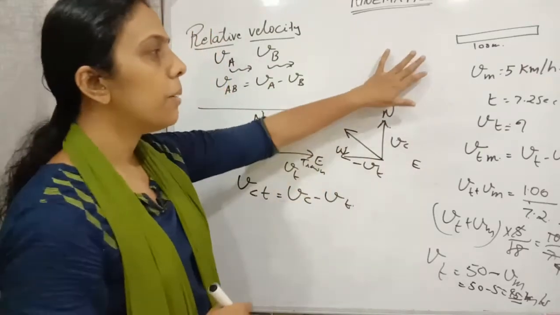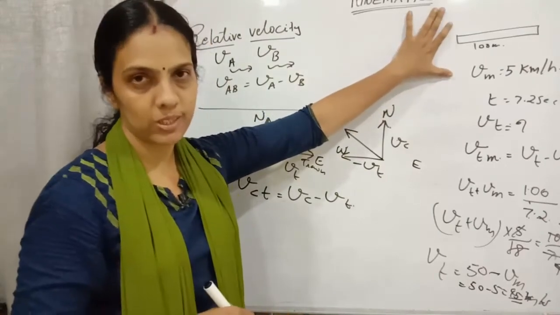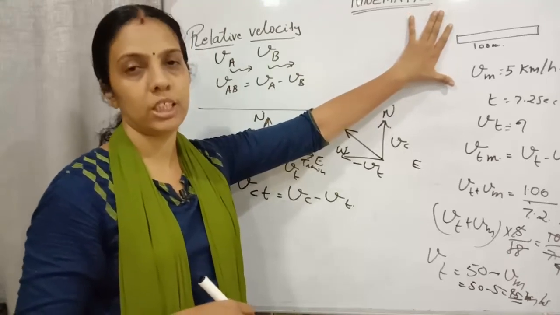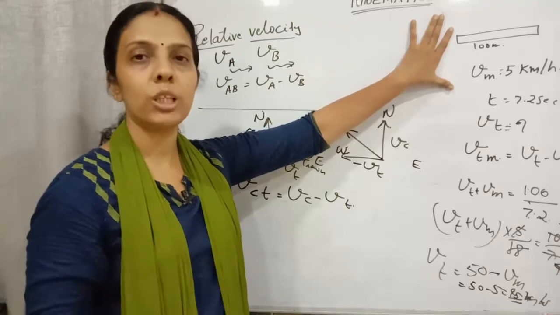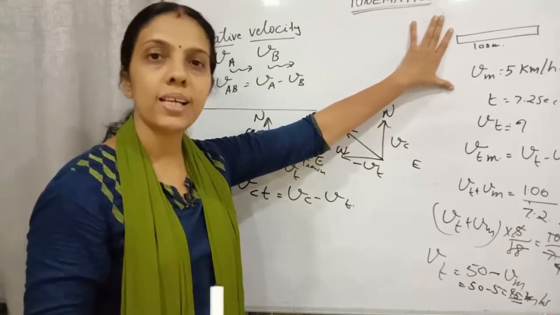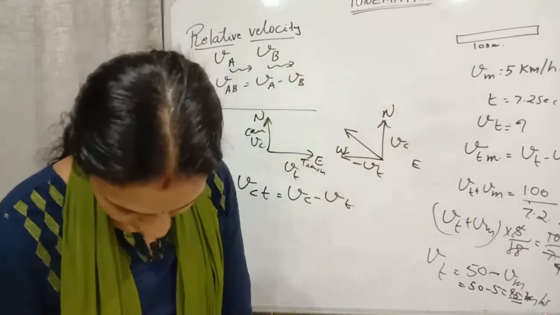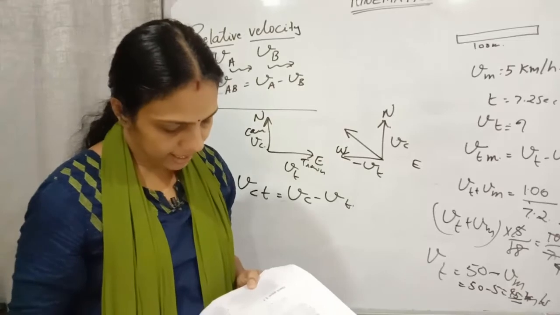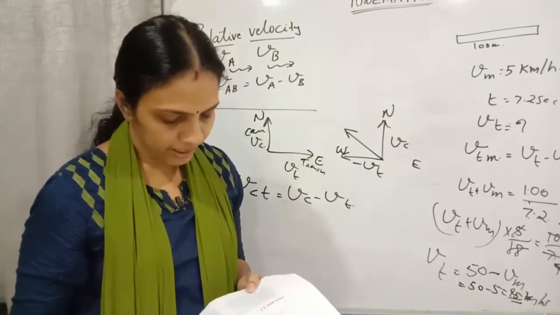Here the man is moving with this velocity and the train is also moving with its velocity, so we need to consider the relative velocity. If both are in the same direction, V1 minus V2, and if both are in the opposite direction, V1 plus V2. Clear?